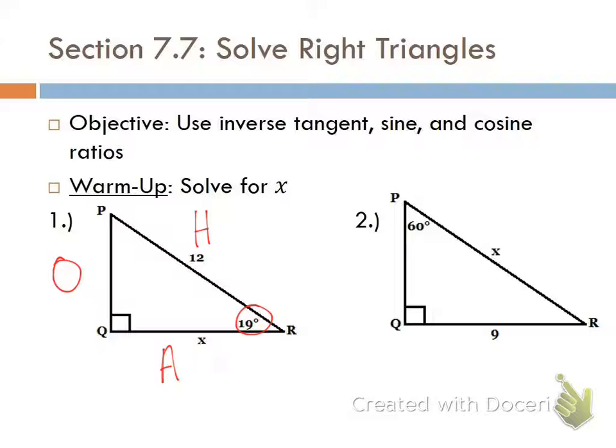Okay. Other questions about opposite, hypotenuse, adjacent? Any of those things? Okay. So if we have the hypotenuse and we're trying to find the adjacent side, we have to decide which trig function is appropriate. Which one?